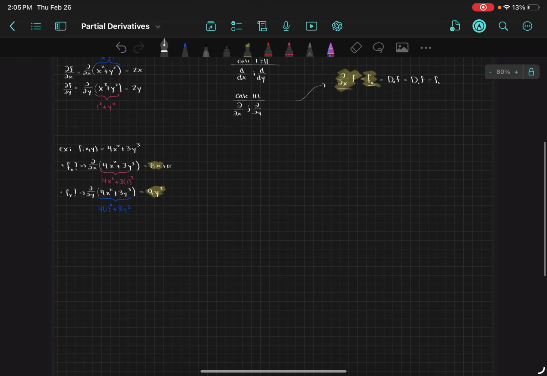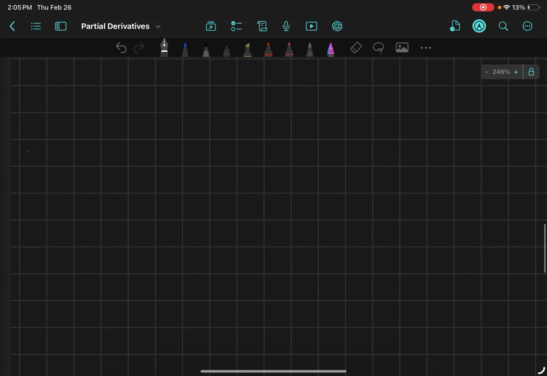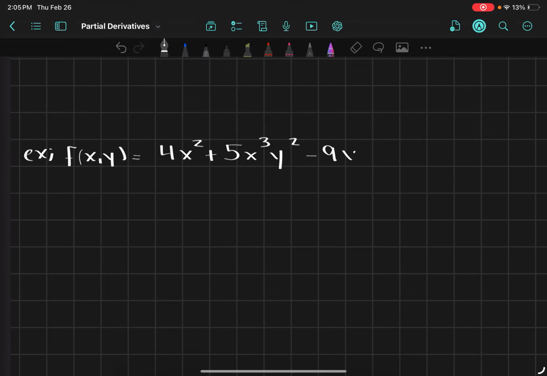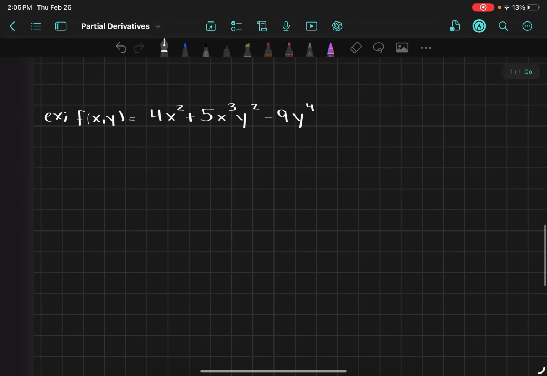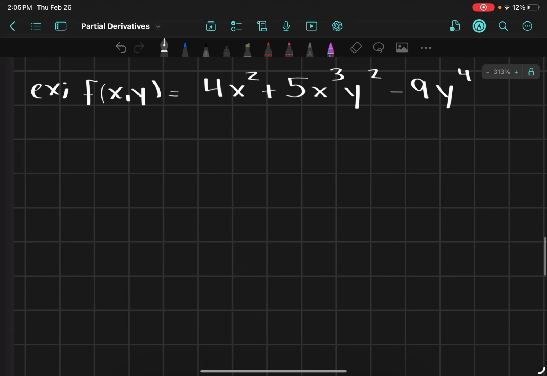Let's do a little bit more difficult one. Given our f of xy is equal to 4x squared plus 5x cubed y squared minus 9y to the fourth. Well, let's go ahead and find the partial derivative of x.